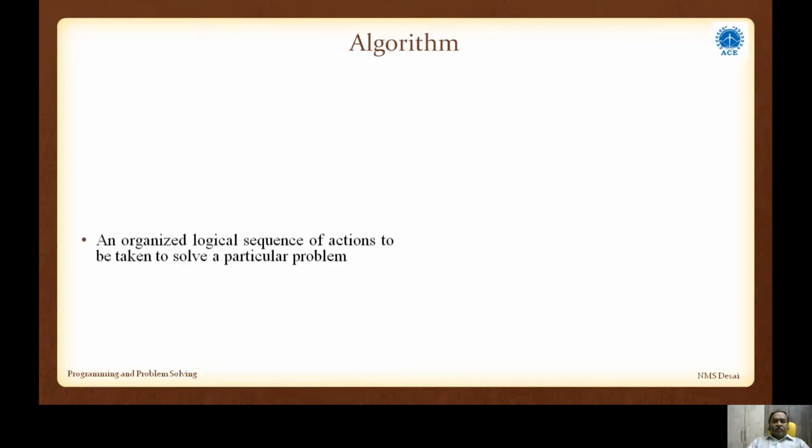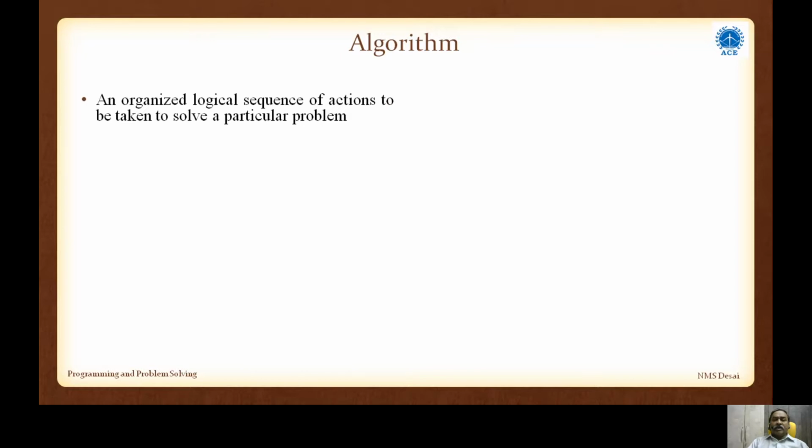What is an algorithm? It is an organized logical sequence of actions to be taken to solve a particular problem. So algorithm represents the approach to a solution, but not the solution itself. That means it is not a program. It is ready to be translated or transformed to a program in a particular programming language.